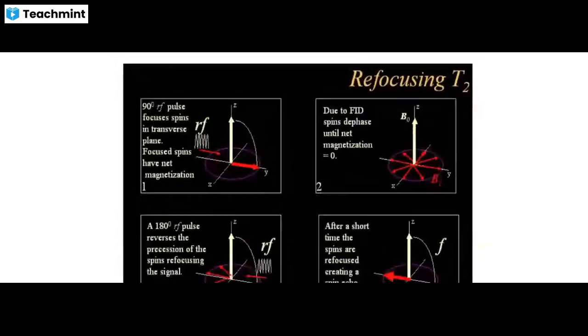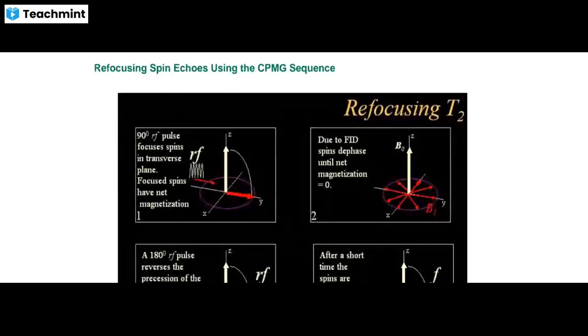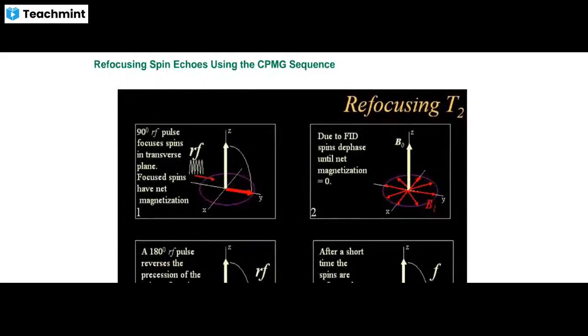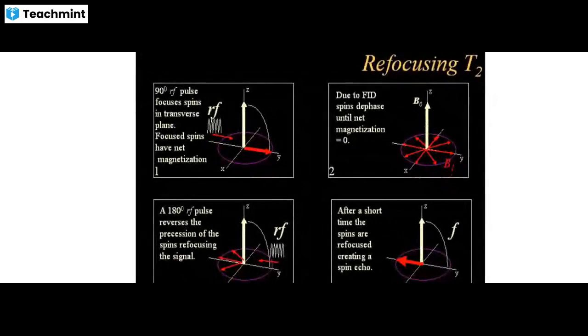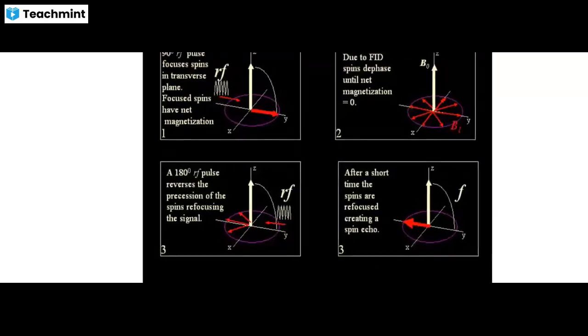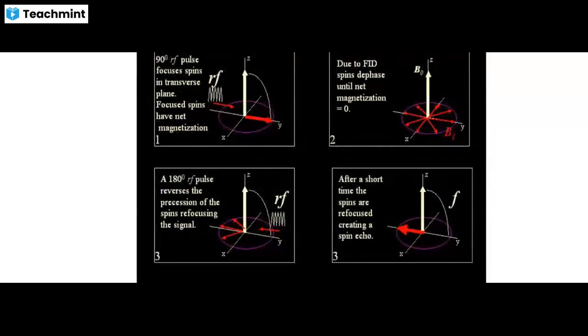So now, refocusing the spin echoes using the CPMG sequence. You can see the 90 degree pulse focuses the spins in the transverse plane. Second, due to FID, spins dephase until net magnetization is zero. Number 3, a 180 degree RF radio frequency pulse reverses the precession of the spins, refocusing the signal.